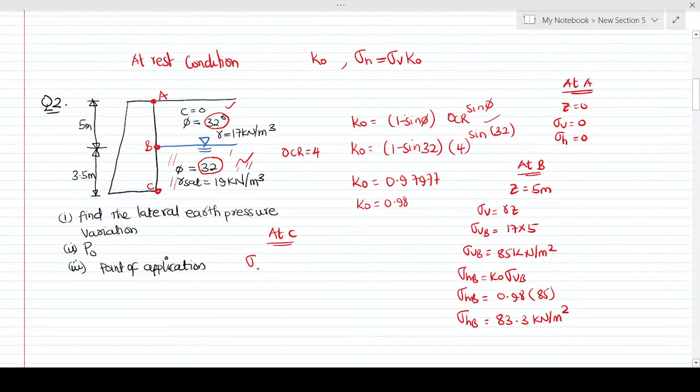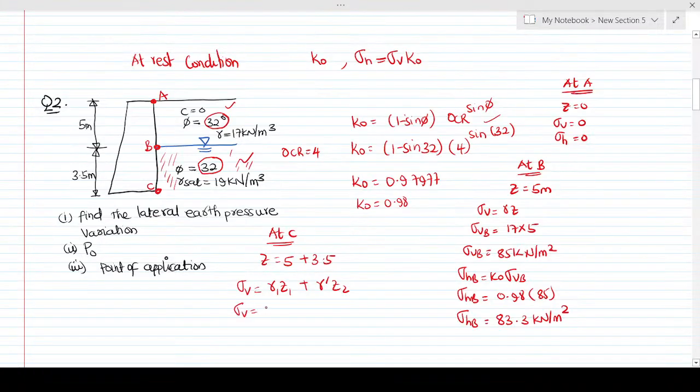I see my z is equal to 5 plus 3.5, right? So my vertical stress is going to be gamma 1 z1 plus gamma effective z2. The reason it is gamma effective is because I'm in this region, so I need the effective.